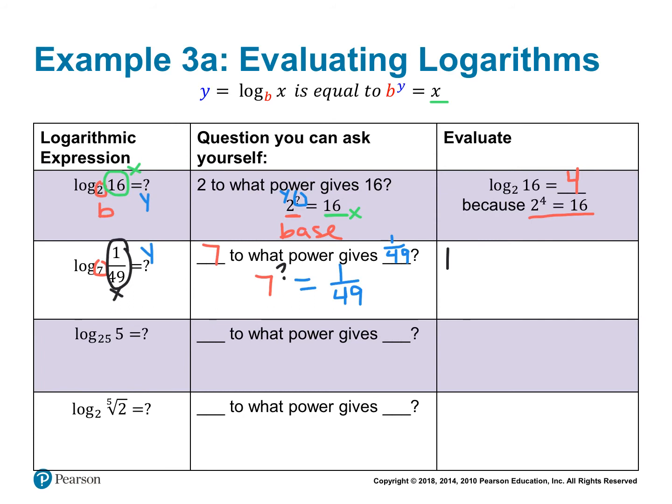Okay, so we can say log 7 of 1/49 equals, now this one you have to remember, so you probably know that 7 squared is 49. So 7 to the negative 2 is the reciprocal of that. So to get 1/49, that question mark would have had to be a negative 2.